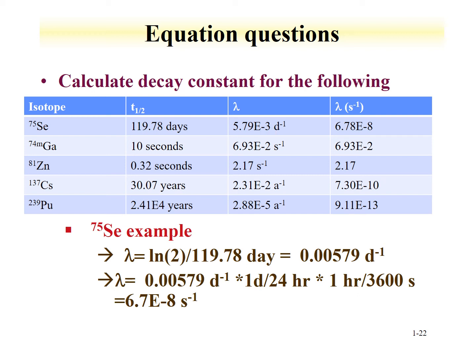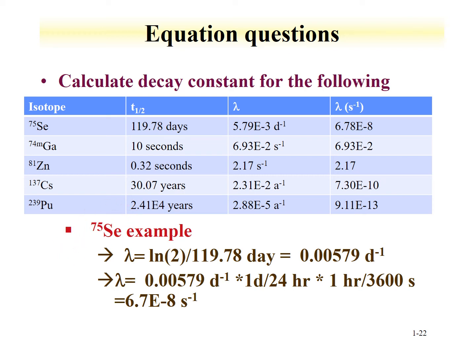We tend to have seconds. So if I have a half-life in days, I need to convert those days to seconds. If I have years, I need to convert those years to seconds. But as we see, the longer the half-life, the smaller the decay constant, because it's log 2 divided by the half-life.